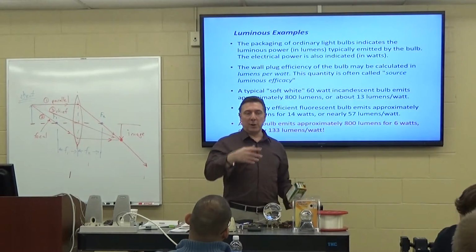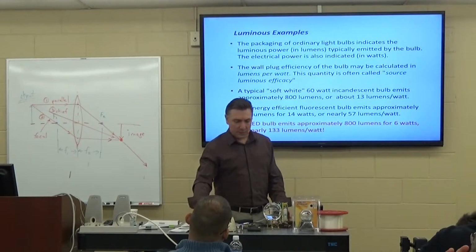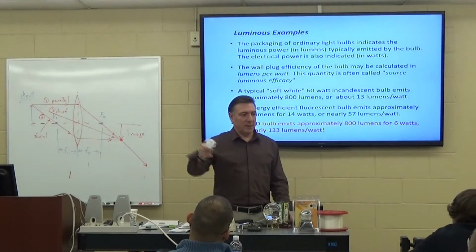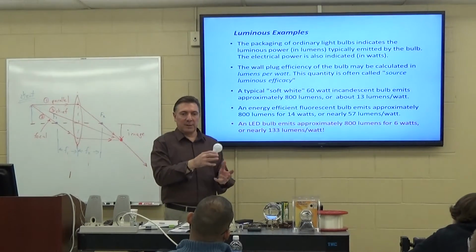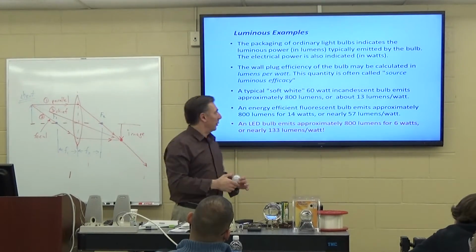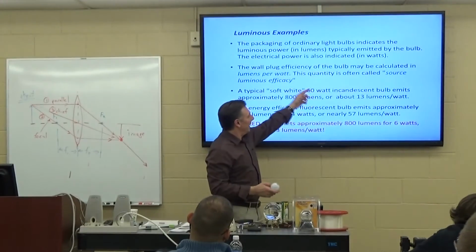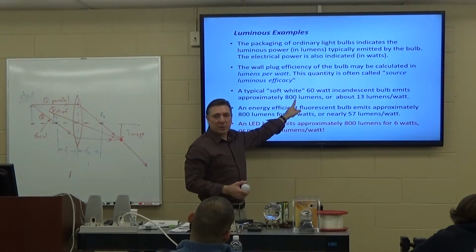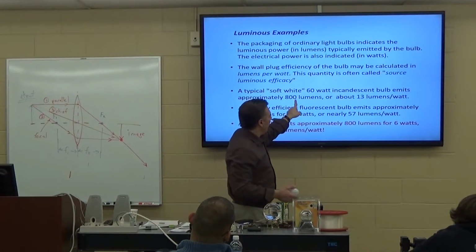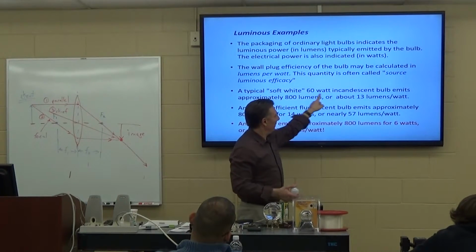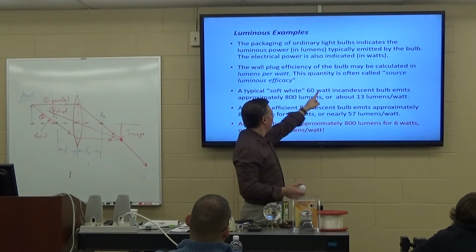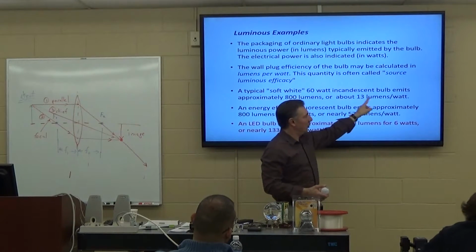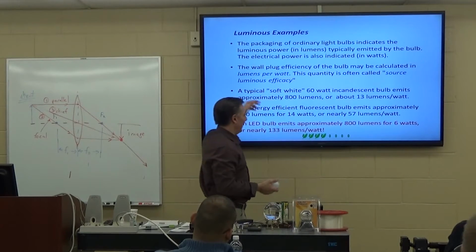For example, a 60-watt incandescent bulb puts out about 800 lumens. It takes 60 watts of electrical power to create 800 lumens. If you divide 800 by 60, you get about 13 lumens per watt. So you can do your math that way.